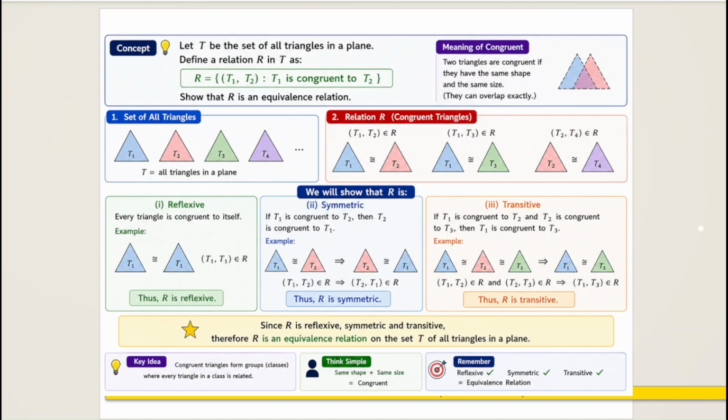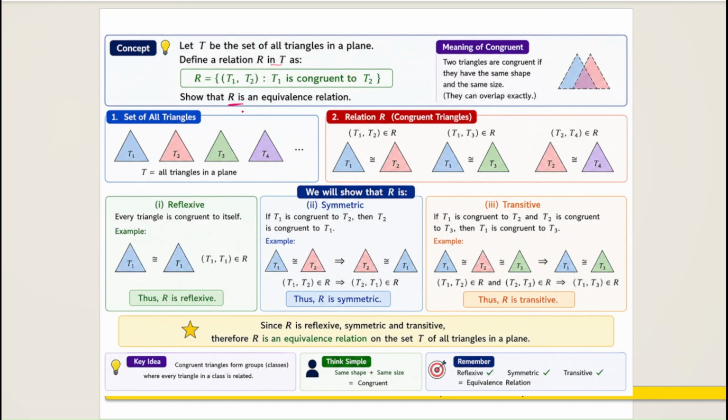The very first example given in your NCERT book is: let T be the set of all triangles in a plane. Define a relation R in T as R = {(T1, T2): T1 is congruent to T2}, and show that R is an equivalence relation.